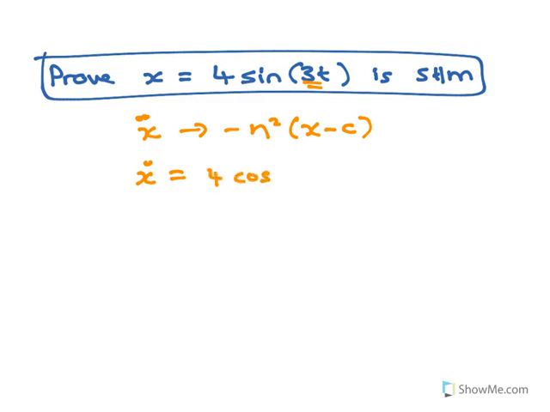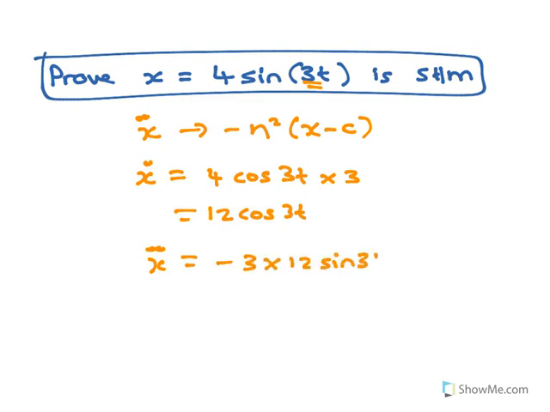Now sine will go to cos 3t times 3. So that will be 12 cos 3t. If you differentiate again, that would be minus 3 times 12 sine 3t, which is minus 36 sine 3t.